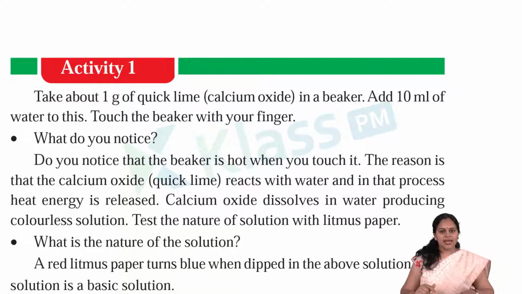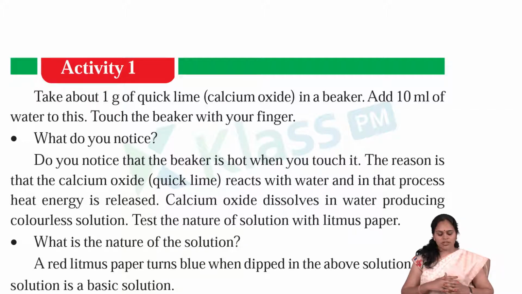We can notice that the beaker is hot. It means that in the reaction, heat is released. The calcium oxide reacts with water and in the process, heat energy is released. Calcium oxide dissolves in water, producing a colorless solution.